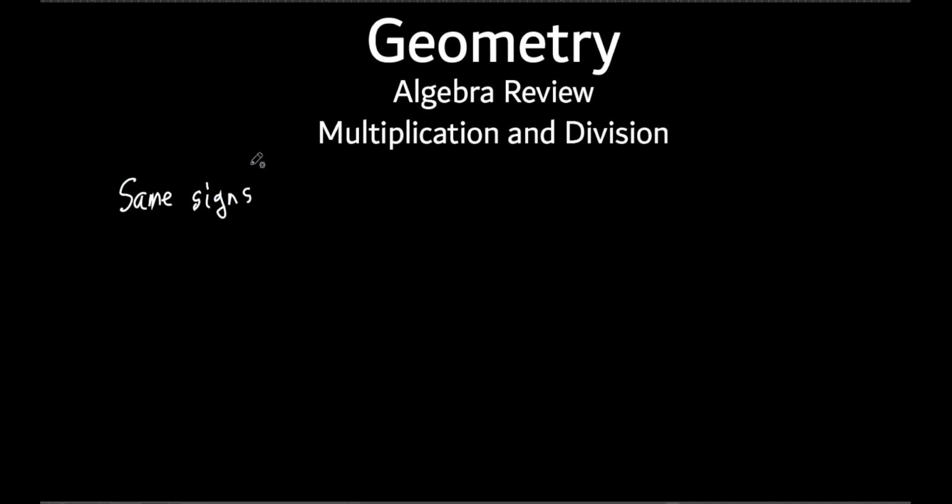So the rule for the same signs, whether they're both positive or both negative, is exactly the same. And it's a very easy rule. This is multiplying and dividing, and again, it's the same exact rule for multiplication and division.